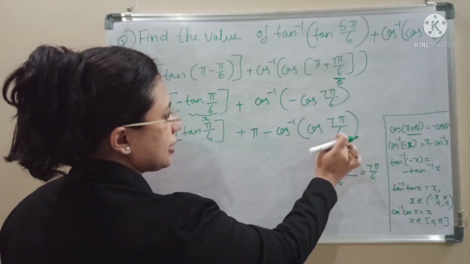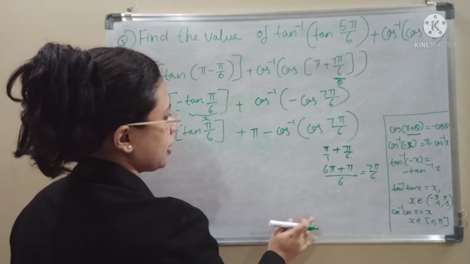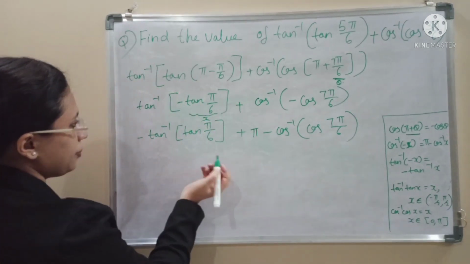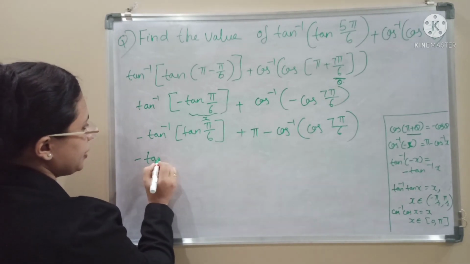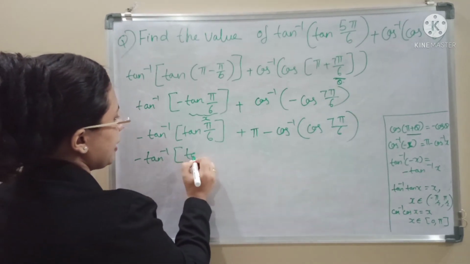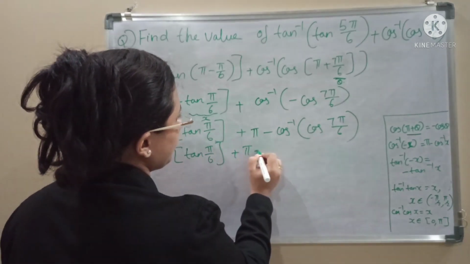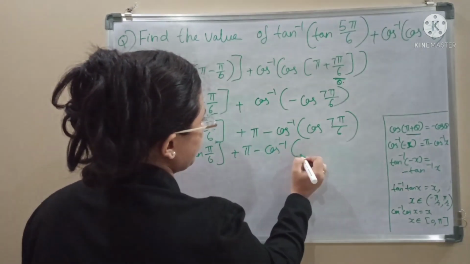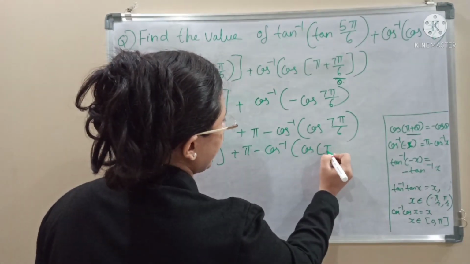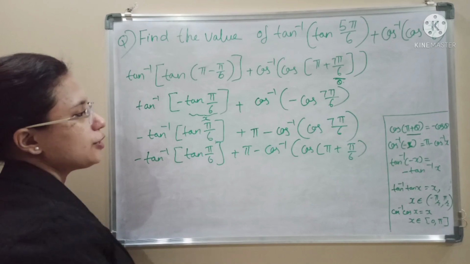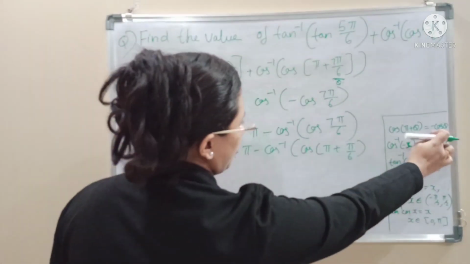So I can replace this with π plus π/6. So this will be the same: tan inverse tan π/6 plus π minus cos inverse cos(π plus π/6).